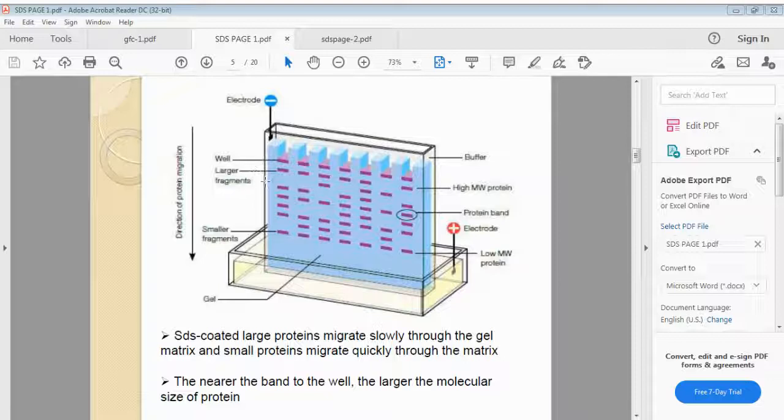The next one, after beta mercaptoethanol, SDS and bromophenol blue, is glycerol. What is the role of glycerol? Glycerol is added to the protein in the sample loading buffer, now usually called the Laemmli buffer, which is a pre-prepared sample buffer.